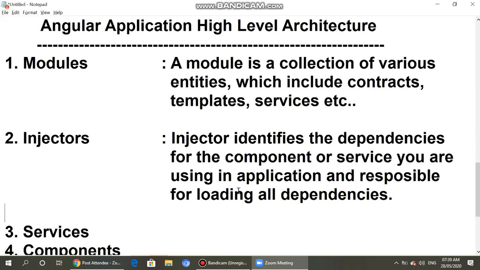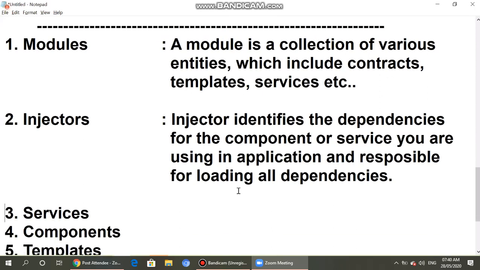But dependency injection is not a topic by itself. It's just a design pattern which is used in every object-oriented programming application. So injectors play the key role in identifying and loading the dependencies. Next, that is modules and injectors.